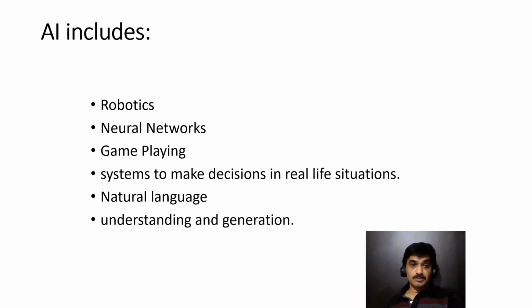It includes robotics. Yes, in robotic engineering, artificial intelligence is successfully used in neural networks, game playing, systems to make decisions in real life situations, in automated processes. In the production system, you are seeing this decision making, natural language understanding and generation.